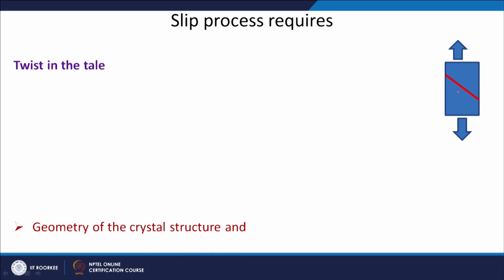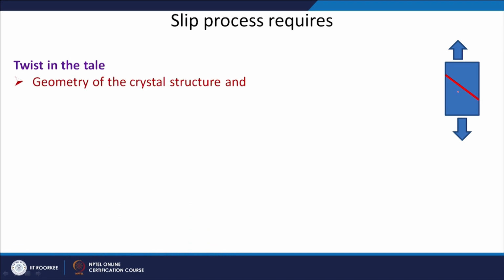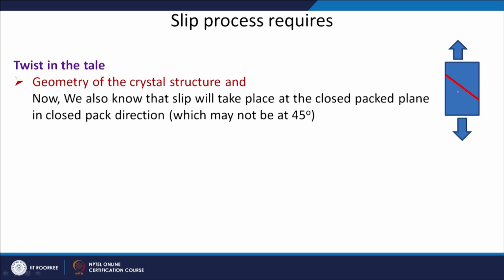The twist in the tail is the geometry of the crystal structure. We also know that slip will take place on the close pack plane in the close pack direction, which may not be at 45°. If you look at it as a continuum which does not have atoms, then this analysis tells you that at 45° you should get the slip process.